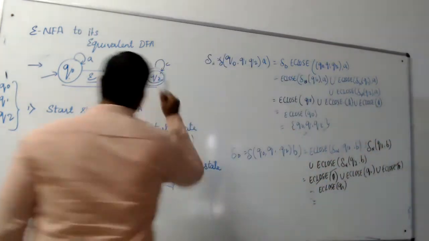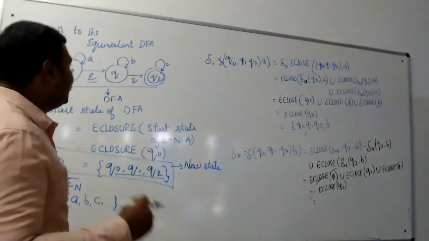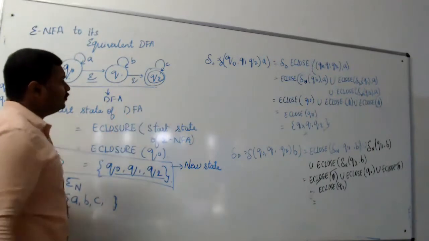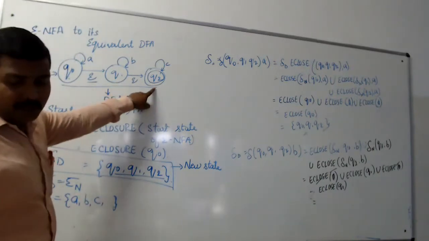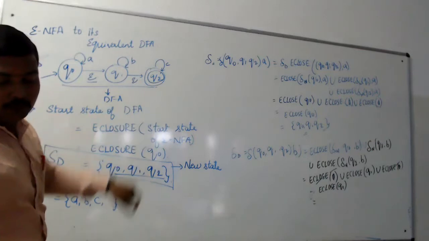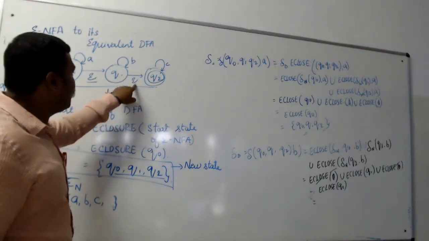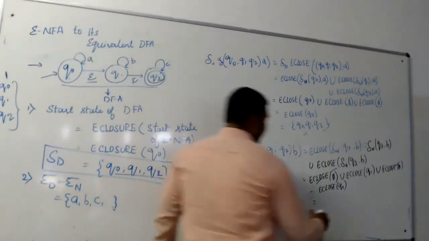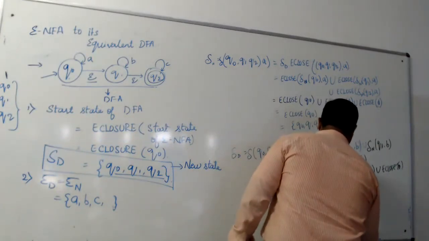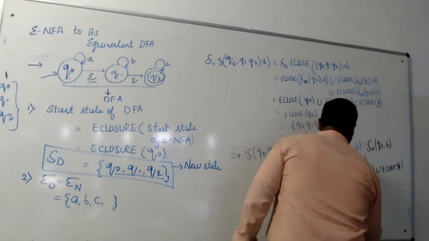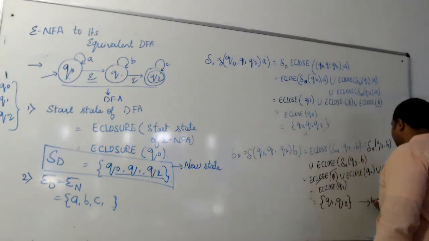Q1 upon epsilon, the states reachable are Q1 and Q2. Q1 stays at Q1, and Q1 upon epsilon goes to Q2. Hence here I find a state called Q1, Q2. So this will be again a new state.